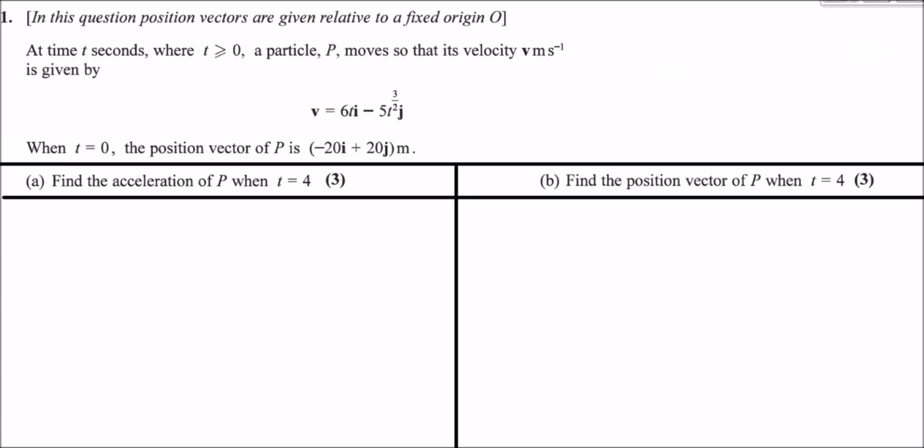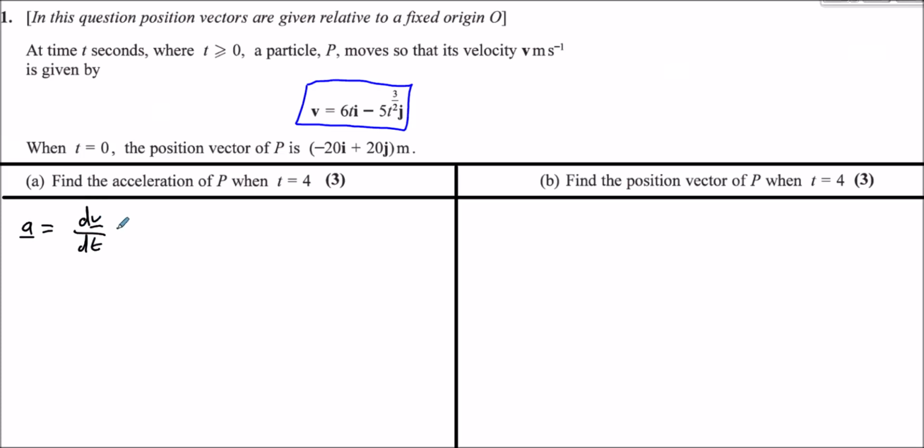So let's start with the information we're given. We've been told what the velocity is, in vector form. We now need to remember how to find the acceleration from the velocity. We essentially just differentiate v, so the acceleration vector a will be dv by dt.